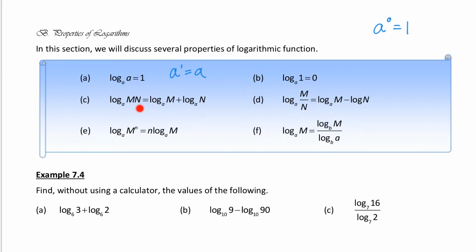Log of m times n is equal to log m plus log n. And why? I also want to deduce this property for you. You may let x be equal to log m with base a, and y be equal to log n with base a.